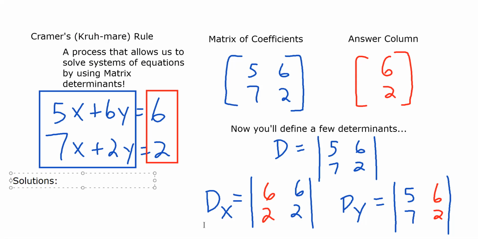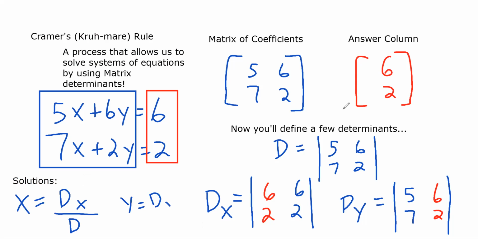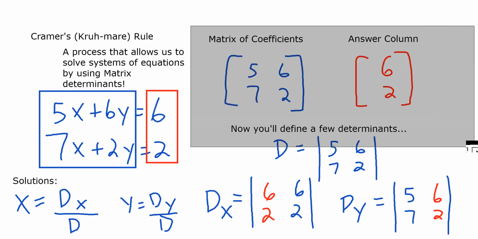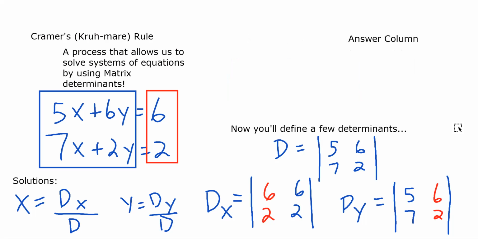The x value of your solution is going to be the DX determinant divided by the D determinant, which will both just be numbers here. And then y is going to be the DY determinant divided by the D determinant. So we just have a whole mess of computations we need to do. Let's do them.